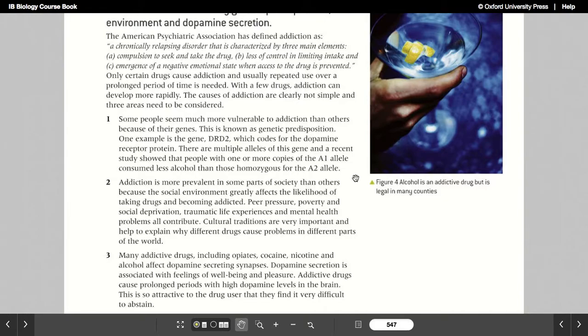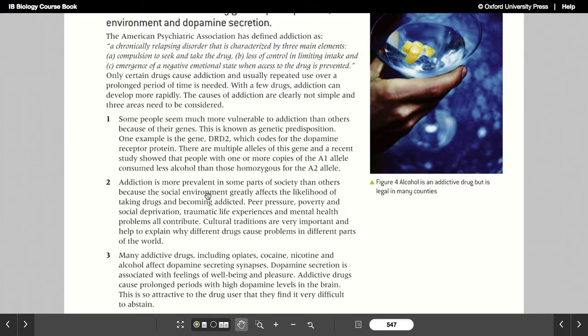So it makes sense that addictive drugs would prey on that neurotransmitter and cause you to have more of it. So it's going to cause you to keep doing the thing that causes more dopamine between your synapses. Like we said, the genetic component is gene DRD2, which has to do with the dopamine receptor protein.